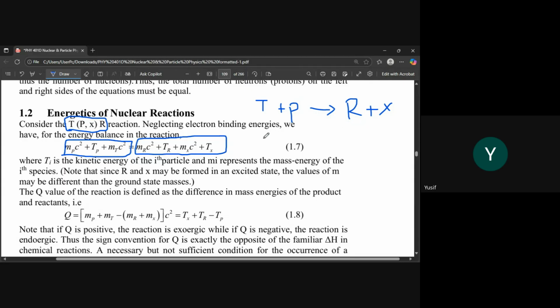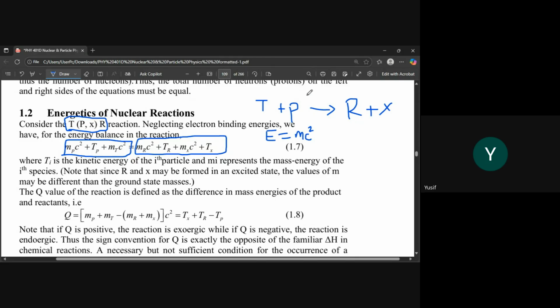Now, we also know that the energy of any atom is given by E equals mc squared, where m is the mass of the atom you are dealing with and c is the speed of light.